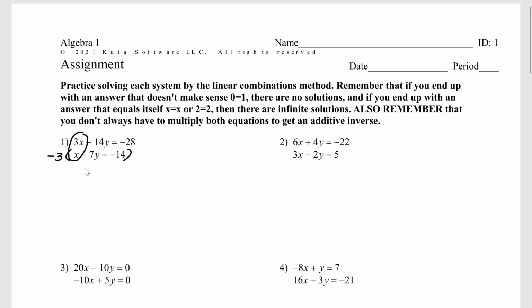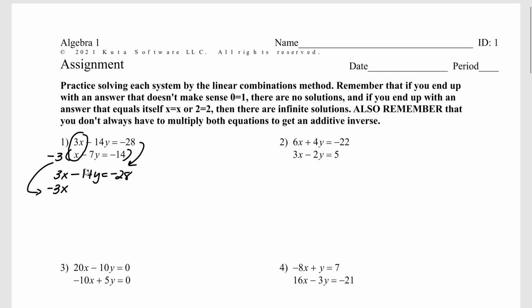Okay, this will give me, and now let me rewrite the first equation, 3x minus 14y equals a negative 28. When I multiplied for my additive inverse, I now have a negative 3x.